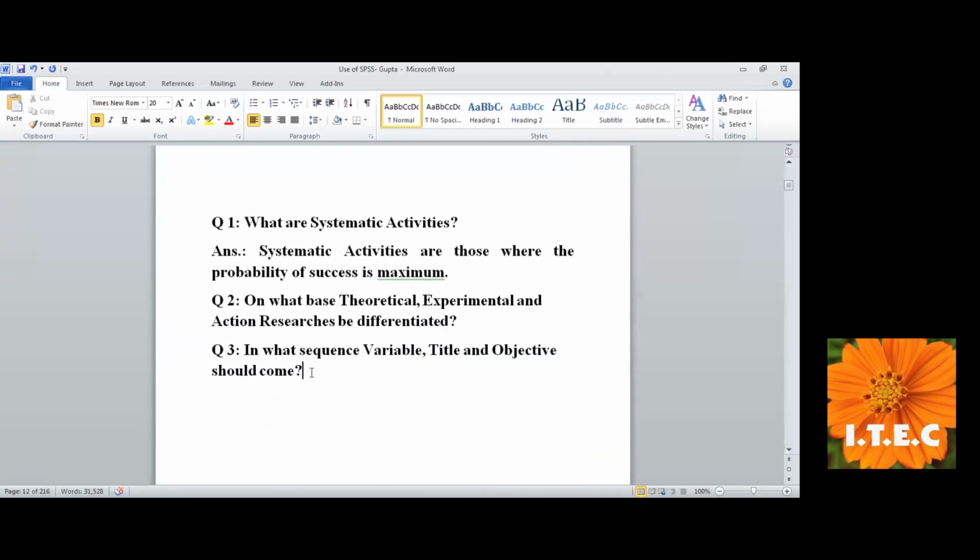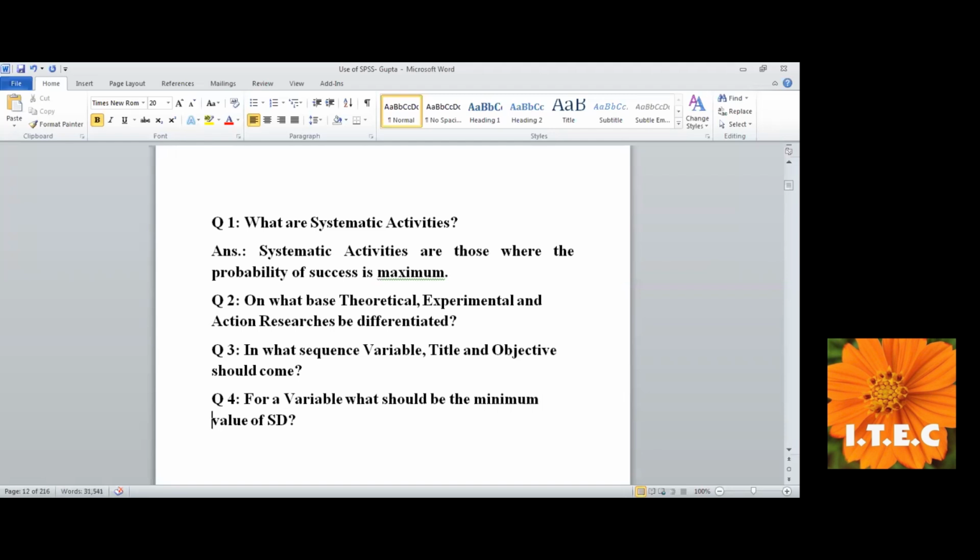The fourth question is: for a variable, what should be the minimum value of standard deviation?